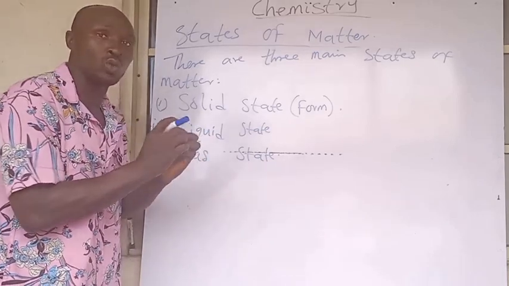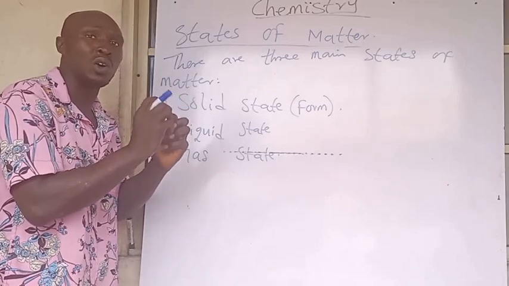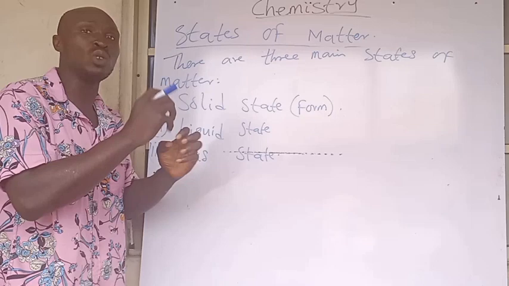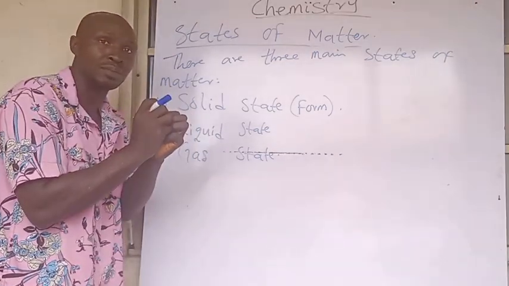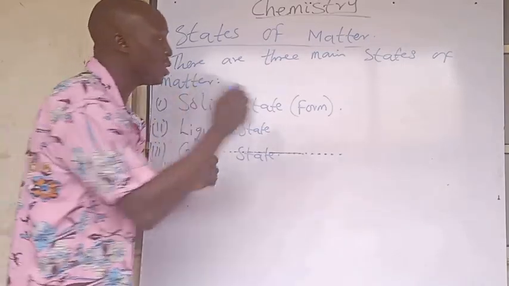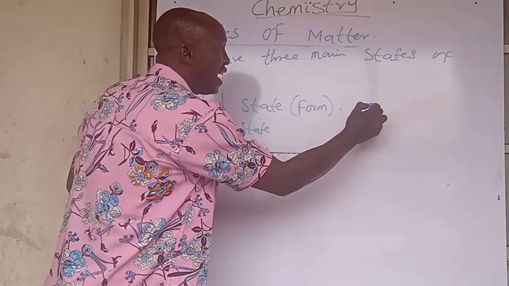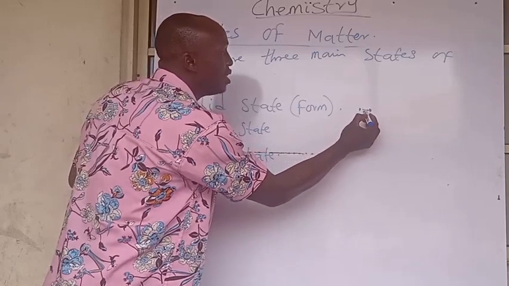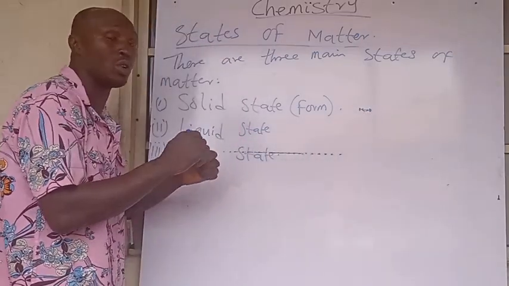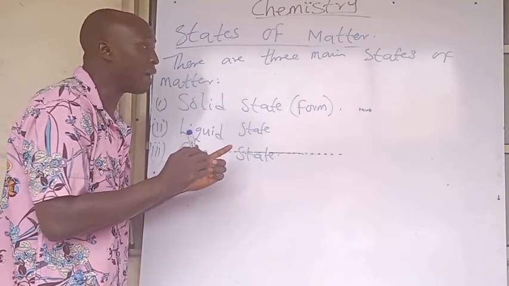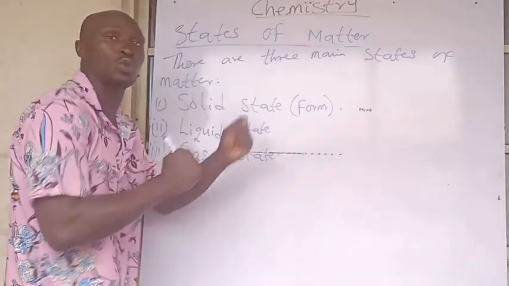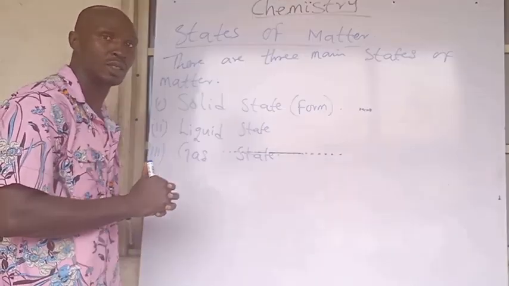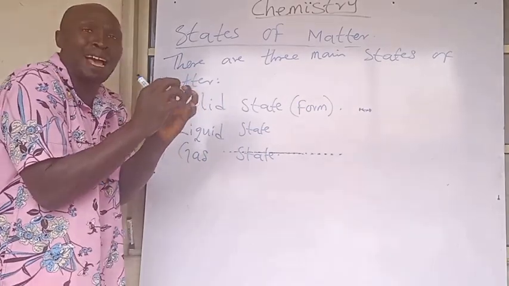That is because their atoms or their molecules or their ions are closely packed together. That is to say, the force between one atom and another atom is very, very strong. Thereby, the force does not allow each atom to freely move.